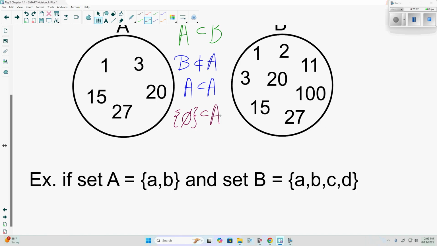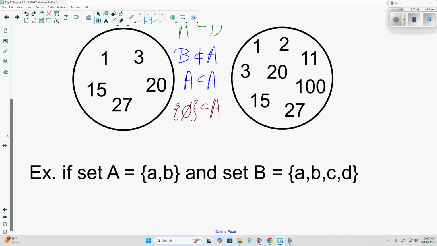That can be a dangerous trail to follow. Because, the reason I say that, can we also say the set containing the set that contains the empty set is a subset of A? Well, yeah, because it's just a set containing the set that contains the empty set. Are y'all starting to see how this can get? We can keep getting more and more.